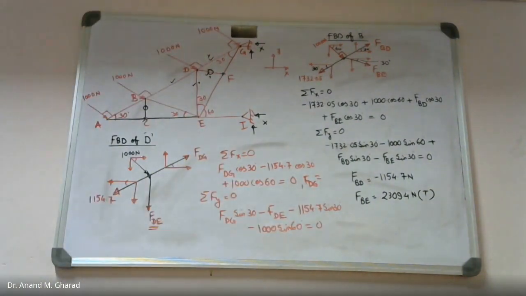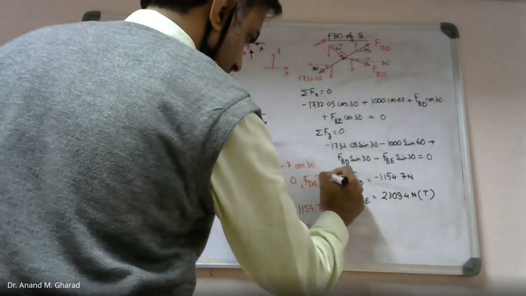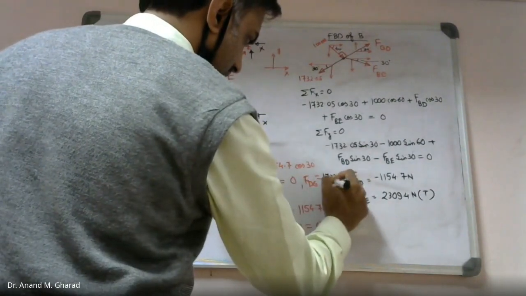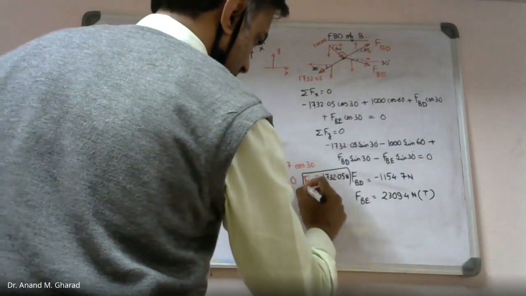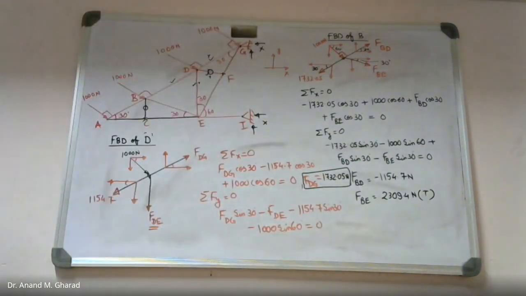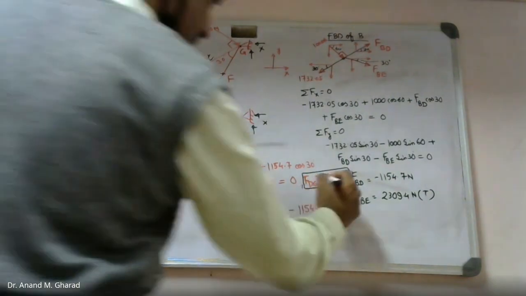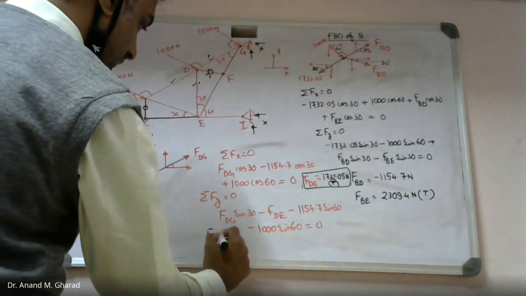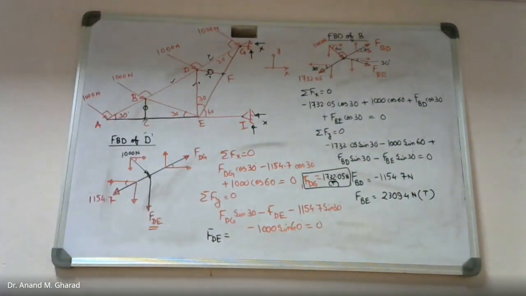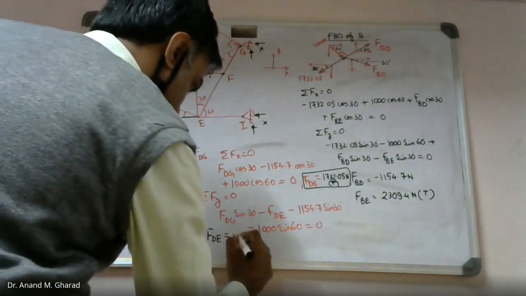How much is FDG coming? I am getting the FDG value as 1732.05 Newton, and this I am getting to be a positive value, that is tension. FDE, from my calculation, comes out to be 1154.7 Newton compression.